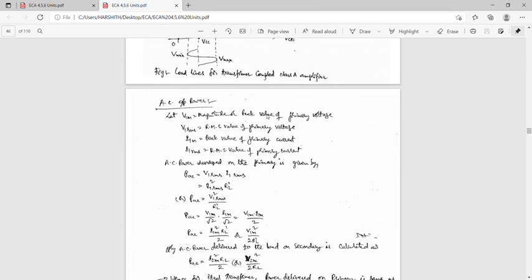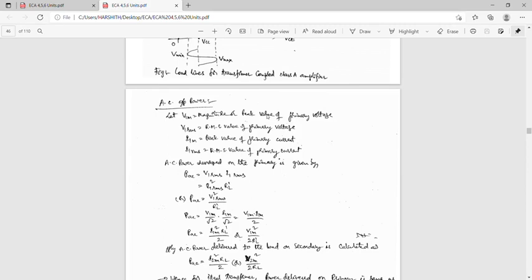Now the AC output power, which is the AC power delivered on the primary side of the transformer. While calculating this power, the primary values of the voltage and current and the reflected load must be considered.